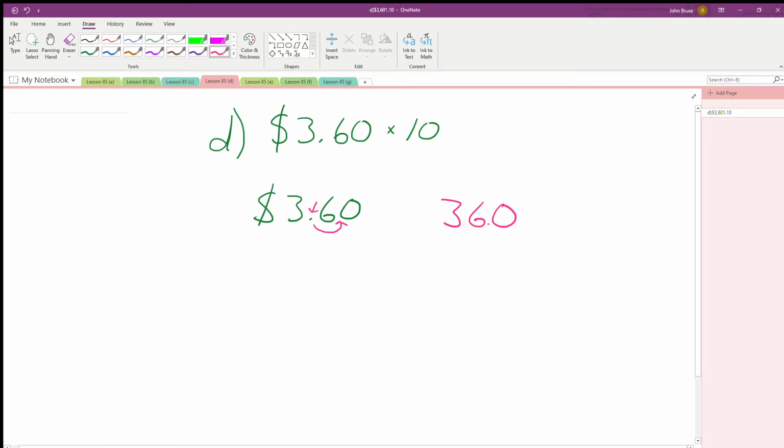And then we put our $ sign back. And now we have $36. But we usually write cents with 2 places after the decimal. So $3.60 times 10 is $36. When we're dealing with decimals and we multiply by 10, we take the decimal and we move it over one spot to the right. That's how you can do that in your head.